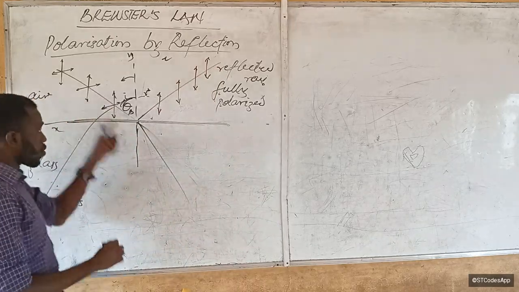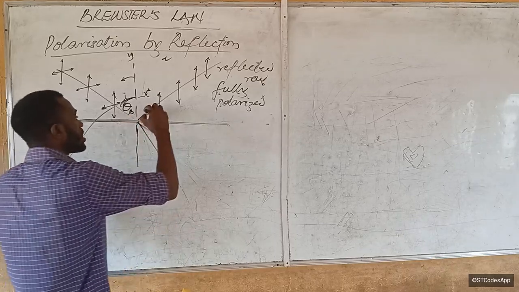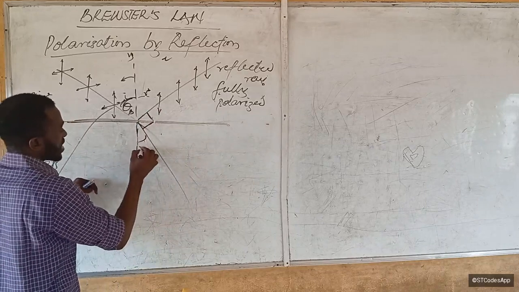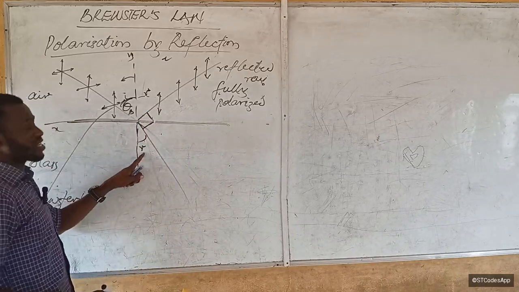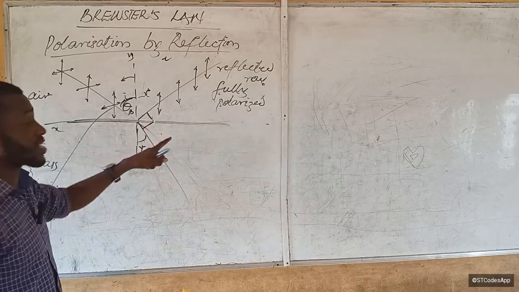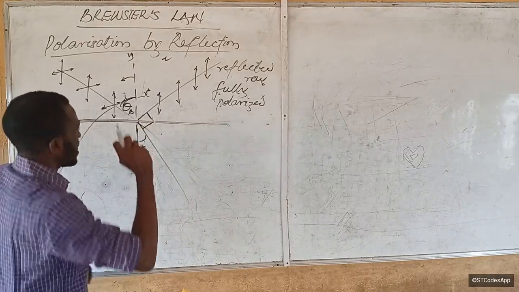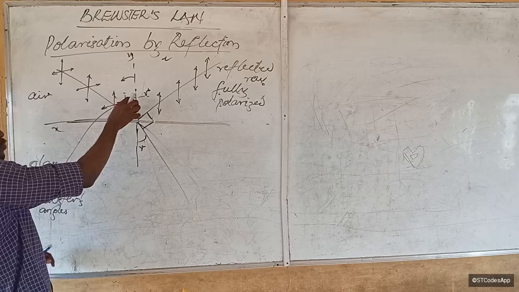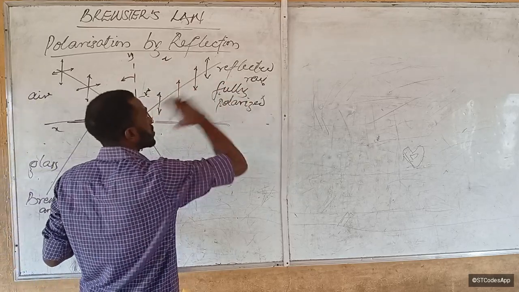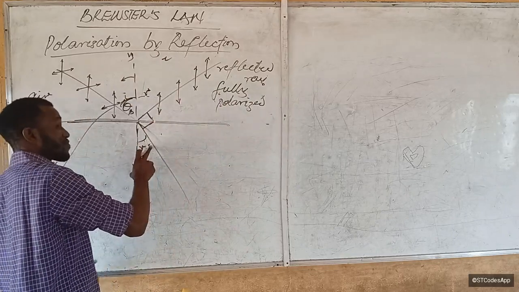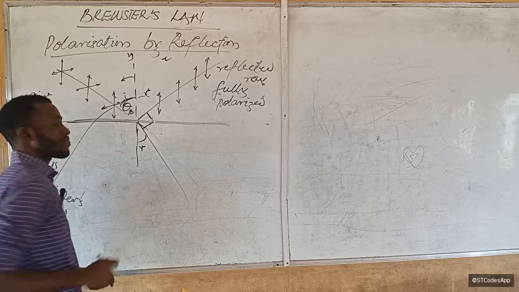At that Brewster's angle, the angle between the reflected ray and the refracted ray is exactly 90 degrees. That is, at this Brewster's angle, where there is full polarization of the reflected ray, the angle between the reflected ray and the refracted ray is 90 degrees.